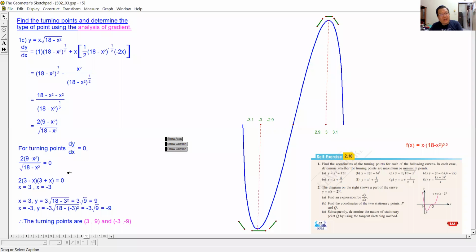Now when you put the dy dx equals to 0, this dy dx consists of two parts, one at the numerator and another at the denominator. Now I want to tell you that if you see this type of function, only the numerator is 0. The denominator you don't put equals to 0.